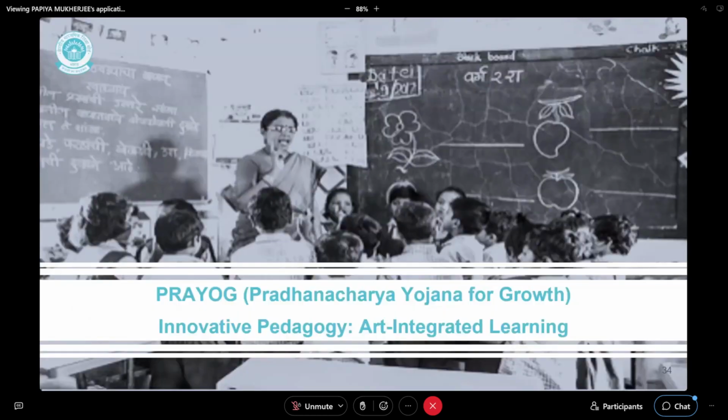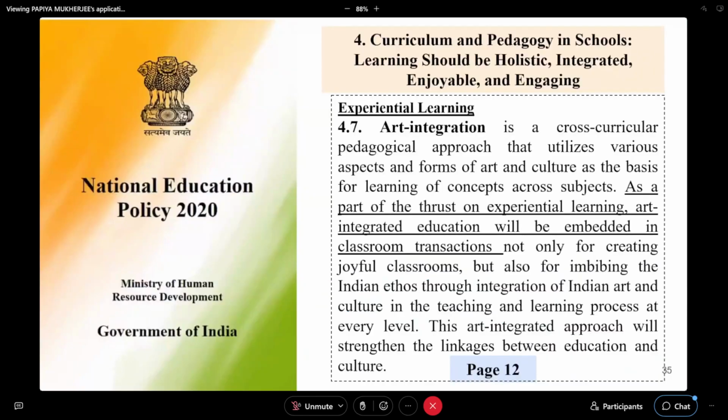This brings us to the third module, art integrated learning. This also stems from the same idea: learning should be holistic, integrated, enjoyable, and engaging.